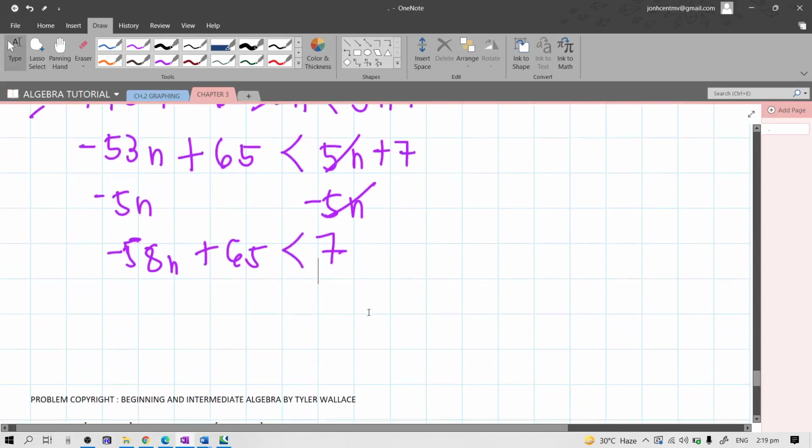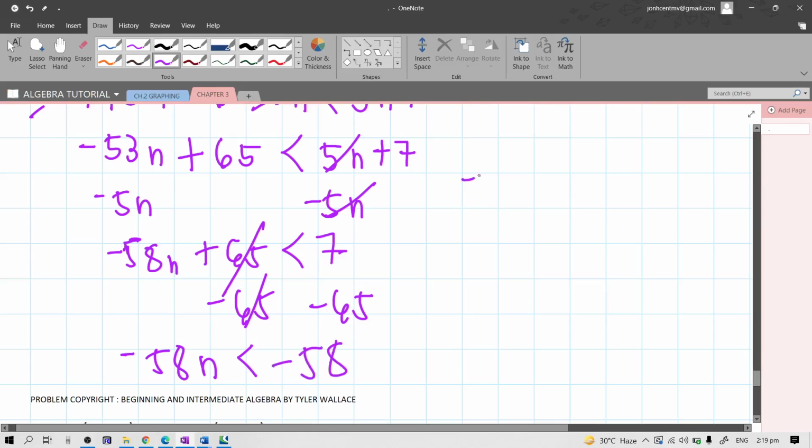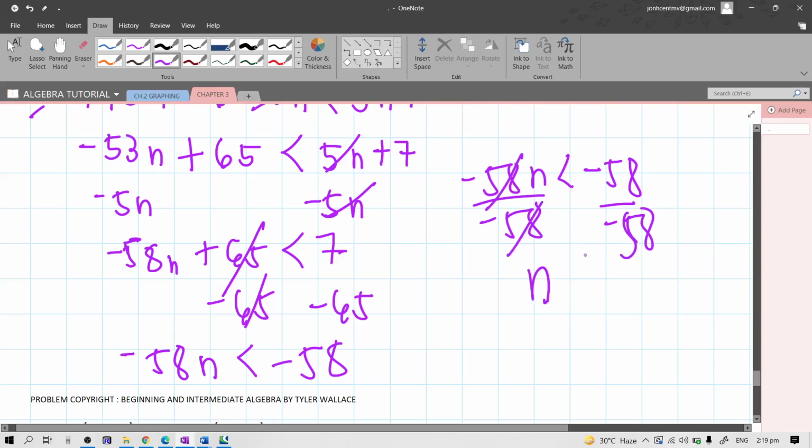So, adding both sides by negative 65, you will have negative 58n is less than negative 58. Sulat lang natin negative 58, negative 58, and we will get n is greater than 1. Since negative to, so don't forget to flip the sign.